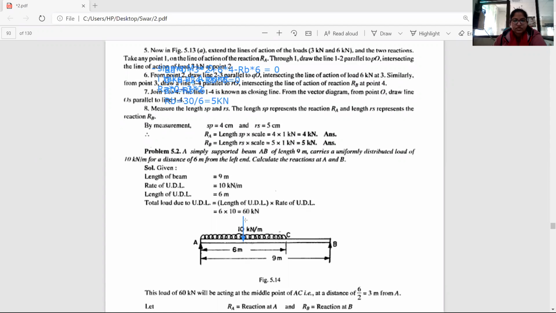So this is my 60 kilonewton load, which is applying at this point, which is 3 meter.